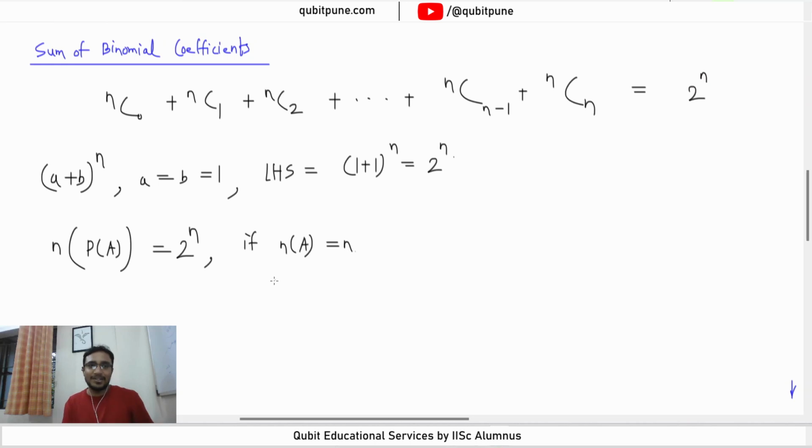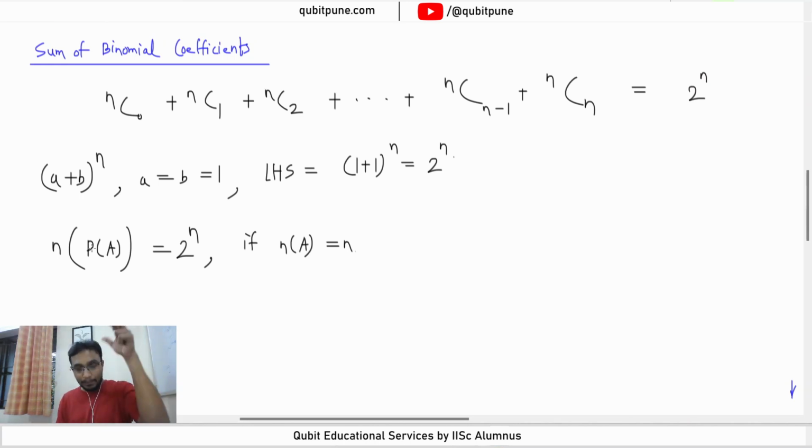NC0 is the number of ways of choosing no elements out of n, so that's 1. NC1 is the number of ways of choosing one element from n, that is n. NC2 is the number of ways of choosing two elements from n, that means those subsets of A which have only two elements in them, and so on.